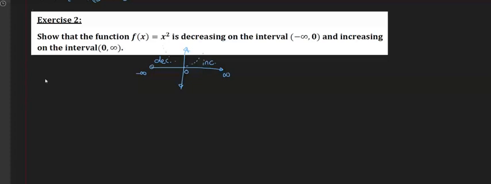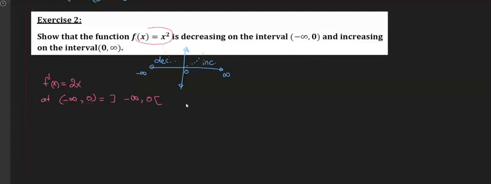So we will simply get the derivative, the f dash, for x squared, which will be 2x, and then test the interval from negative infinity to 0, and this bracket is exactly the same as the open square bracket. So you might use this bracket or that one. It indicates the open interval.